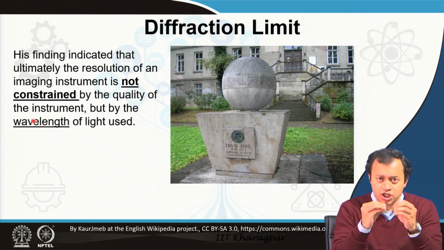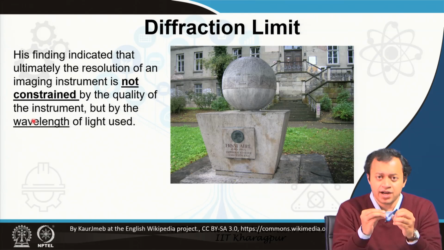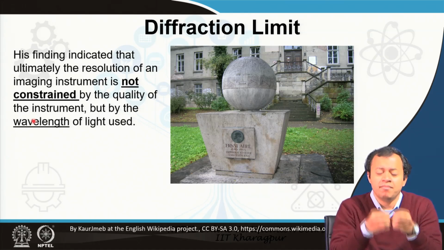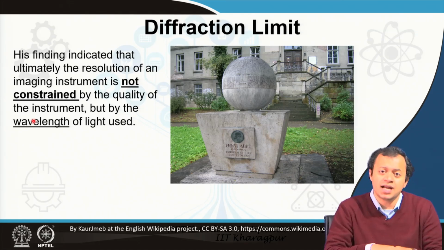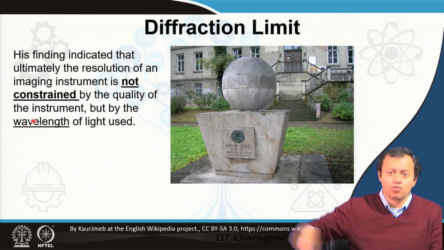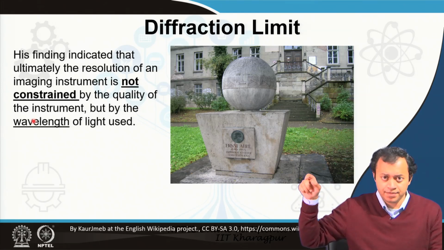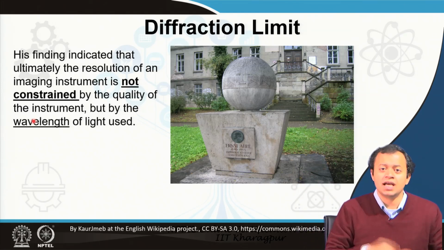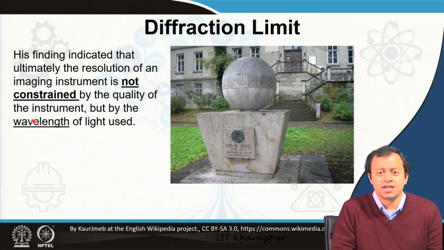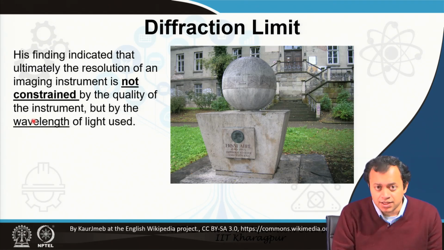If there are two objects whose distance between them is half or less than half the wavelength of light, light will diffract, light will bend around the corner. Diffraction is a property of light, and light will not be able to distinguish these two as separate things. So, we have a problem.